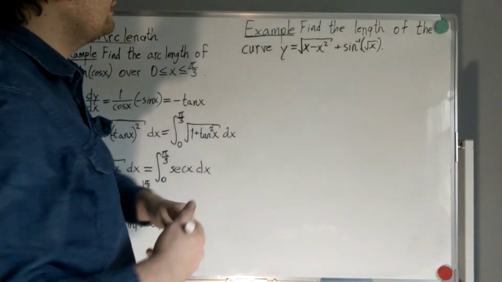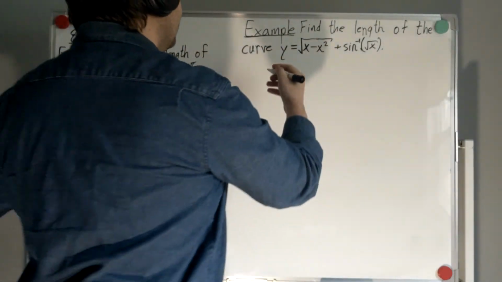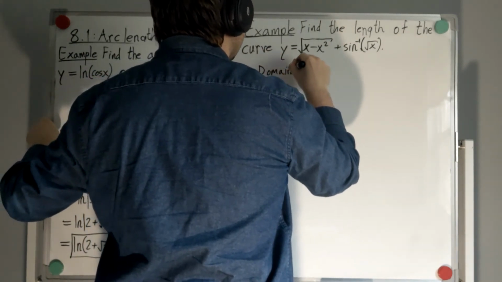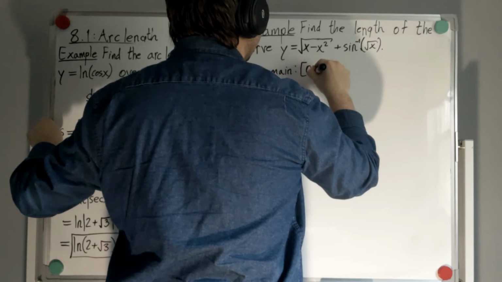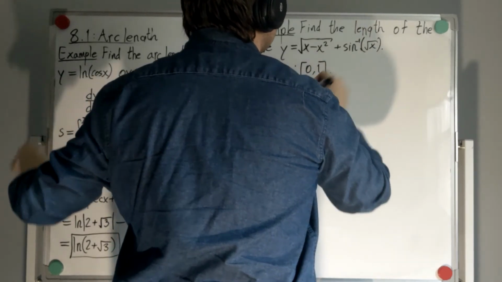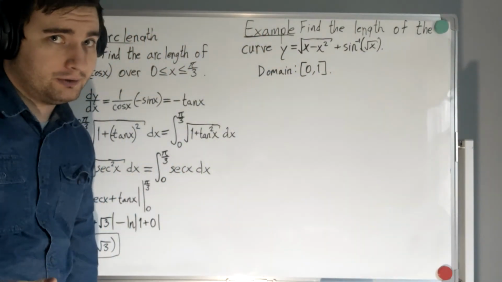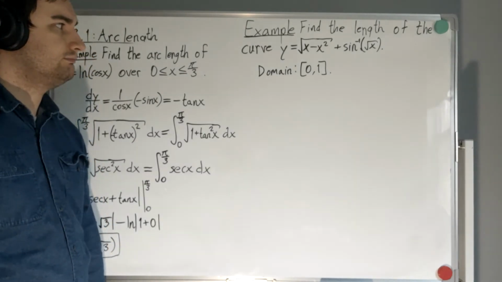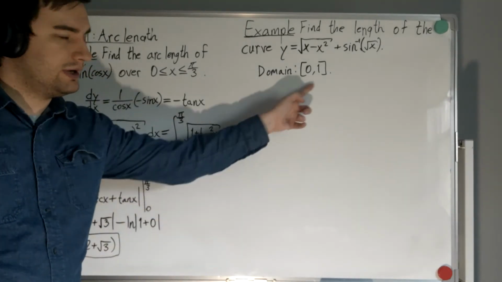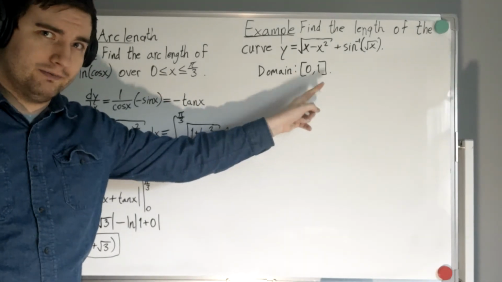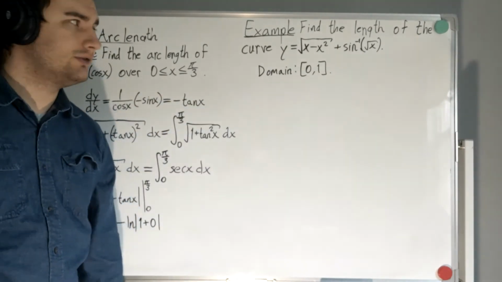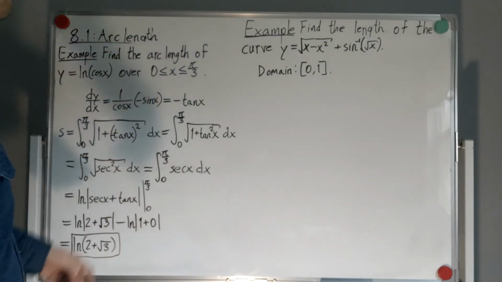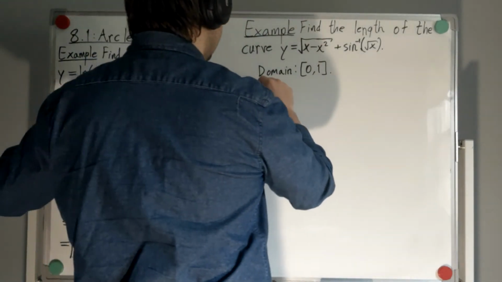This thing is only defined on the closed interval from 0 to 1, which means that if we want to find its length, then we're integrating from 0 to 1. By the way, think about why this is. It's not immediately obvious why the domain is the closed interval from 0 to 1. Anyway, first we take the derivative.